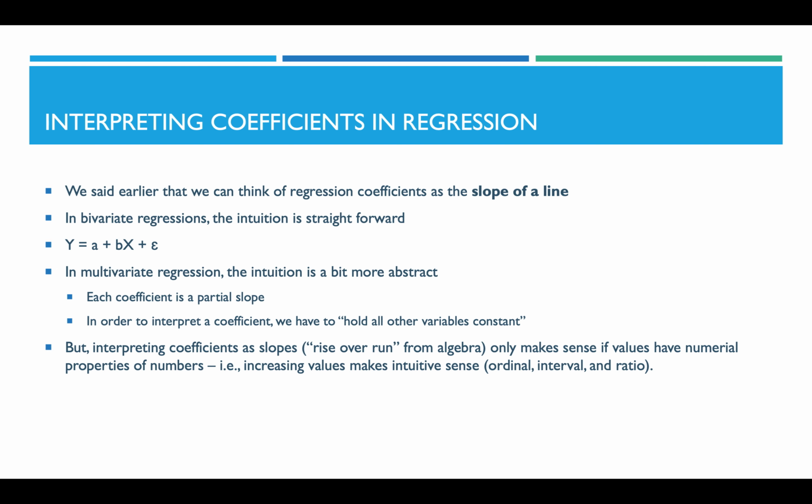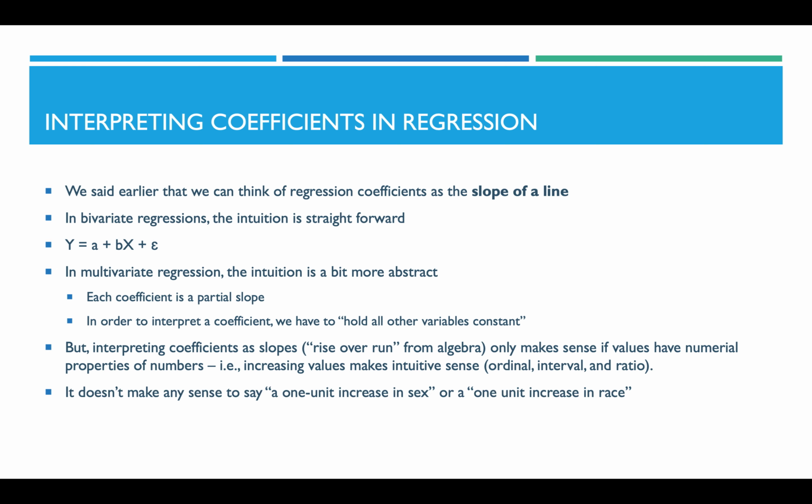But interpreting coefficients as slopes, as we've been doing in the previous lessons, that is to say, interpreting them in terms of rise over run, to use language from algebra, this only makes sense if the values that we have take on numerical properties of real numbers. That is to say, increasing values of our variable make some sort of intuitive sense. To do this, we have to be working with interval, ordinal, or ratio level measures.